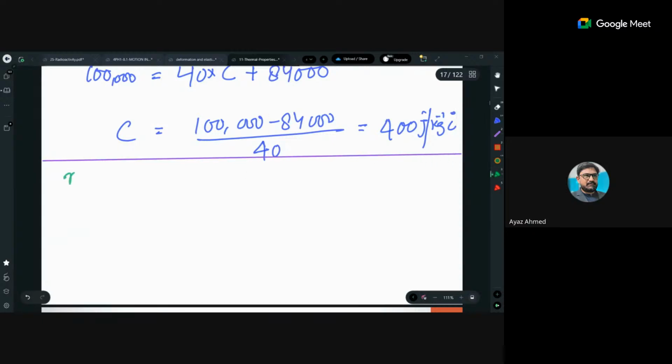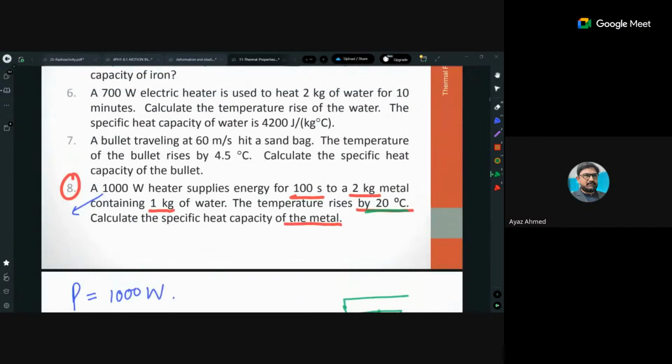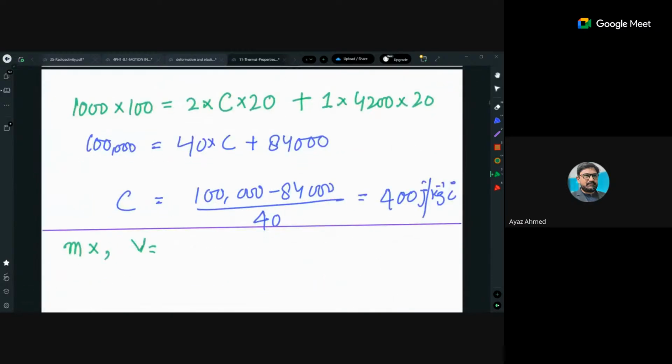So question number 7. Mass is not given to you, but velocity is how much? 60 meters per second. What is the velocity of the bullet? 60 meters per second. And what is the rise in temperature? That is 4.5 degrees centigrade.